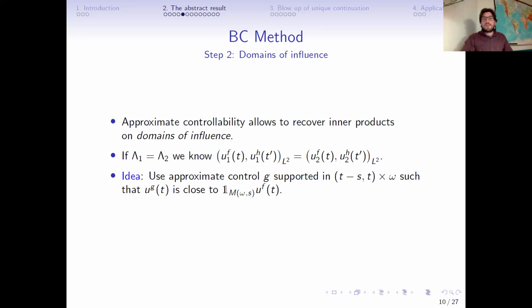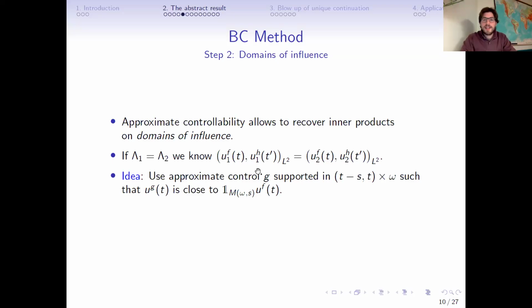Because if I can take a wave and choose a source such that my wave becomes a characteristic set, this integral will be an integral on a characteristic set, and then I can hope to make it smaller and smaller. And we know by approximate control that we can almost do that, so that's already good.